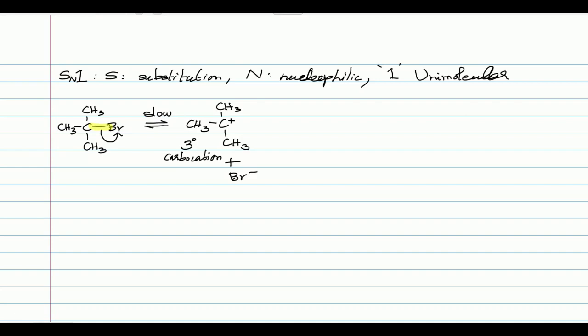In the second step, the nucleophile, which in this case is water, rapidly attacks the carbocation. This tertiary carbocation acts as an electrophile, meaning it behaves like an electron-loving species because it is positively charged.